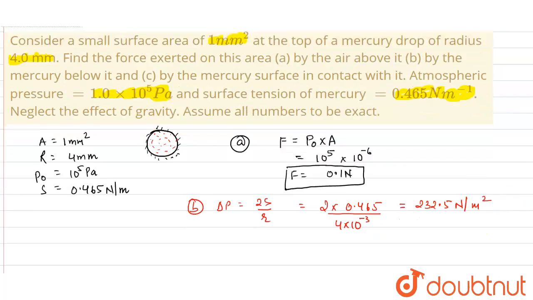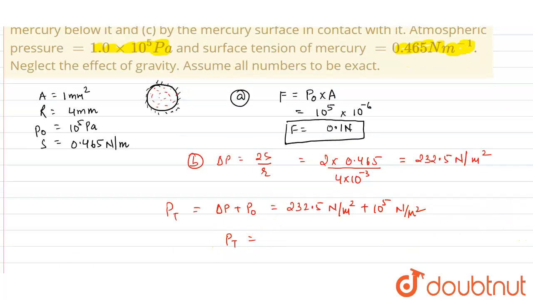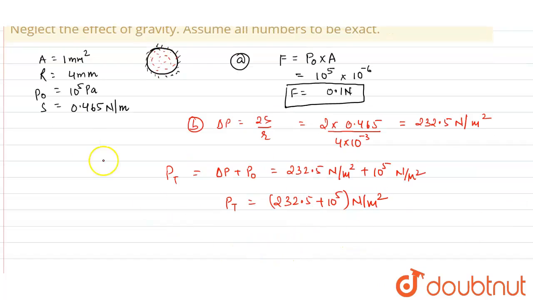So the total pressure would be the pressure inside it plus the atmospheric pressure. It will be 232.5 Newton per meter square plus 10 raised to power 5 Newton per meter square, so the total pressure comes out to be 232.5 plus 10 raised to power 5 Newton per meter square. Since pressure is force per unit area, force will be pressure into area.